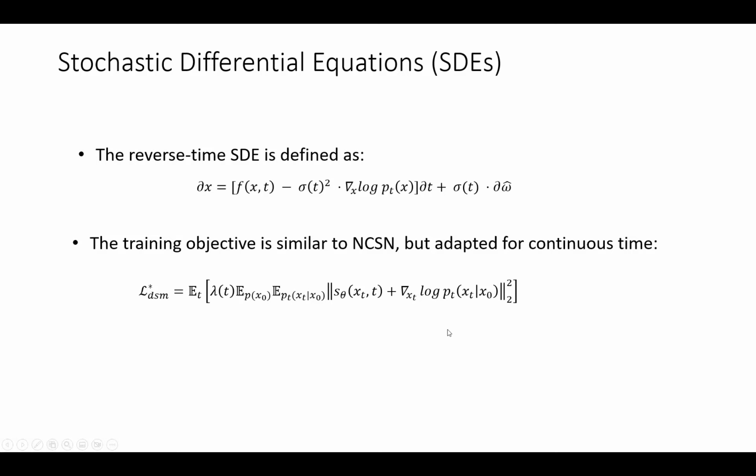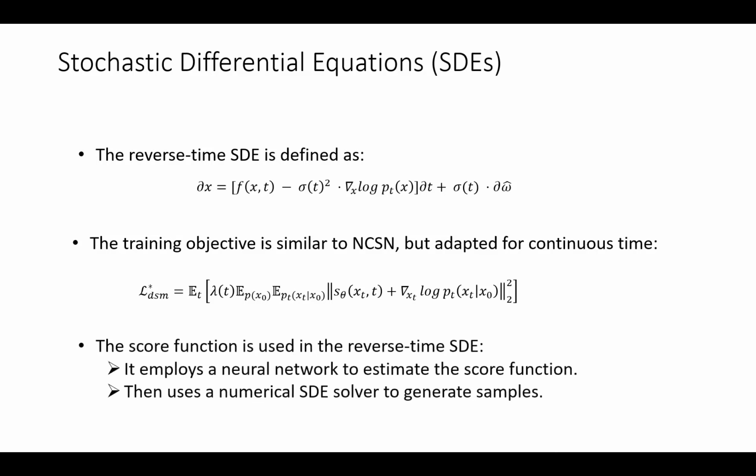The only difference is that these differential equations are continuous, so we have to take care of that. The score function is used in reverse time, we employ a neural network to estimate the score function, and use a numerical SDE solver to generate the samples. So we are going to actually solve this stochastic differential equation numerically.